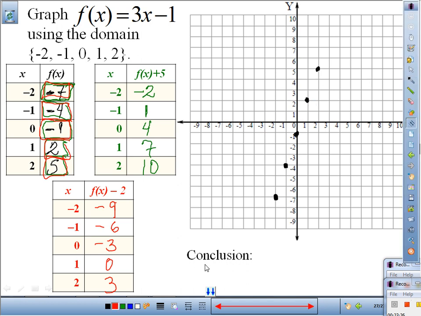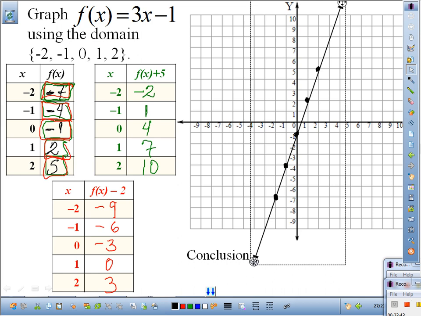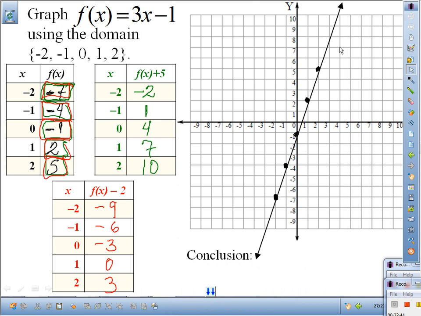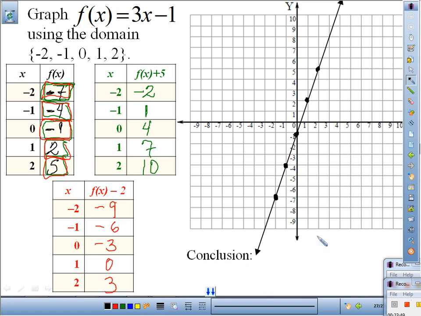Graph your line, make sure it goes all the way across. There it is. And we're going to label this one, look up, right here, label it f of x. F of x, that's our first one.